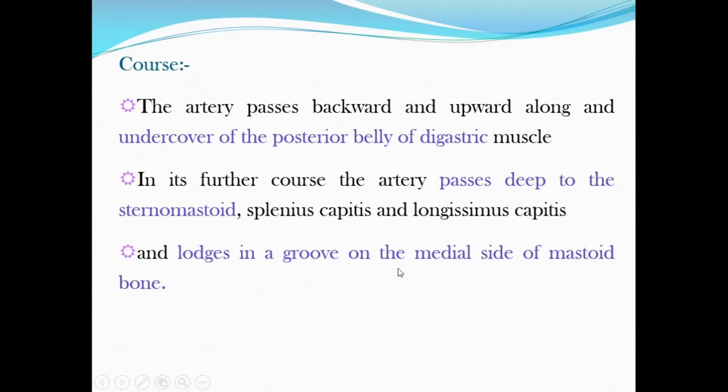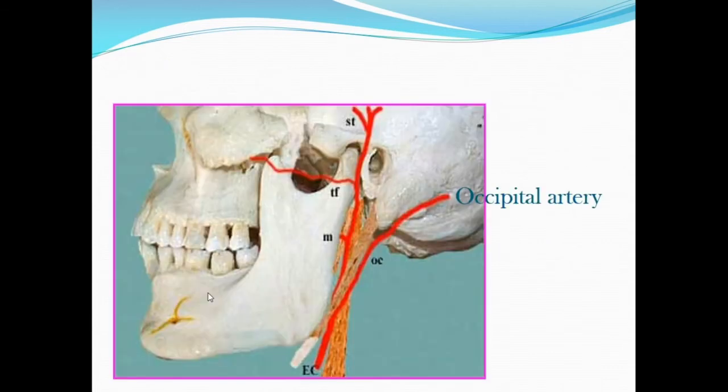So occipital artery is also a content of the posterior triangle. From the carotid triangle, it reaches the posterior triangle. This is a good picture to show it lodges in a groove on the mastoid process.